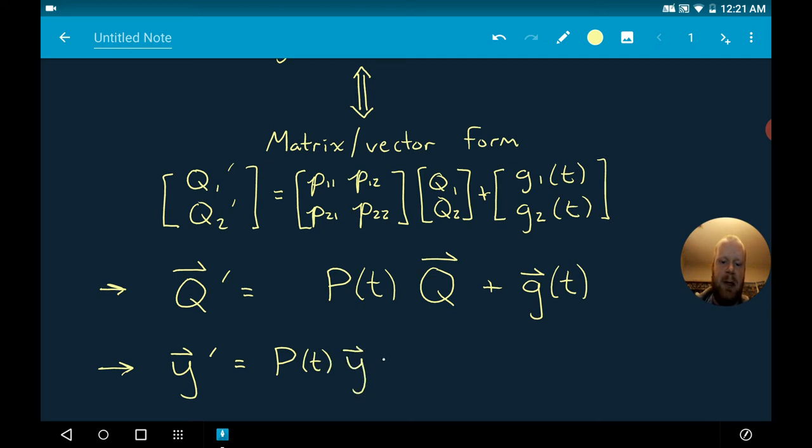So all I'm doing here is just replacing Q with Y so that you can see what form we'll be looking at normally. In this form, this G of T vector makes this a non-homogeneous system.